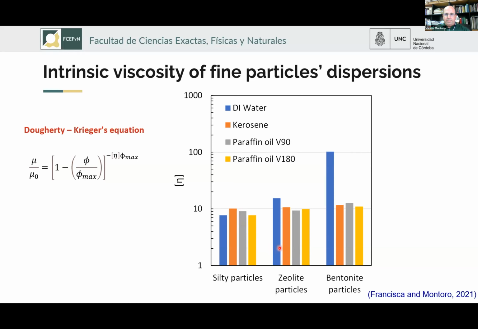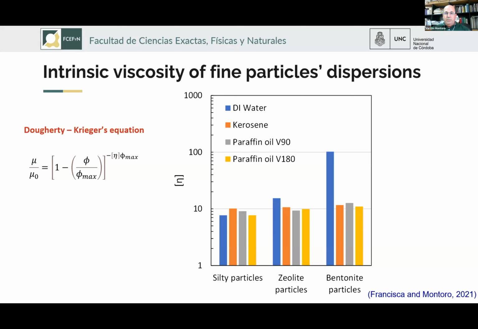However, the difference in the intrinsic viscosity value determined in dispersions prepared with deionized water, in comparison with the one obtained for the dispersions in NAPLs, shows some changes for the particles having higher specific surface area.